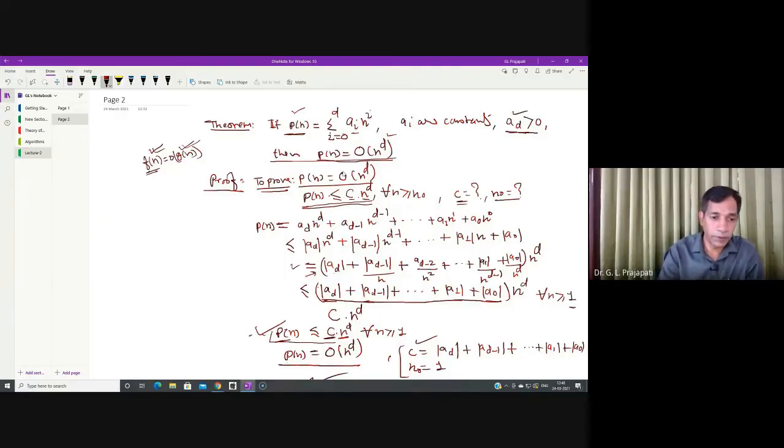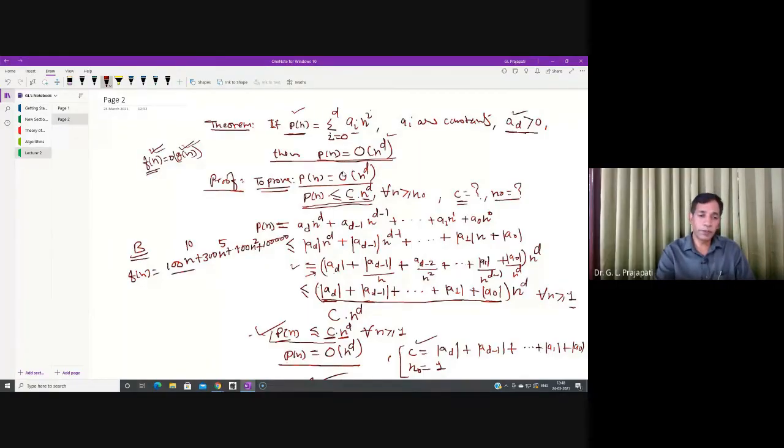So whenever you have equations like this, some algorithm B has the operation f of n, and f of n is 100 n raised power say 10 plus 300 n raised power 5 plus, for example, 100 n raised power 2 plus some constant.